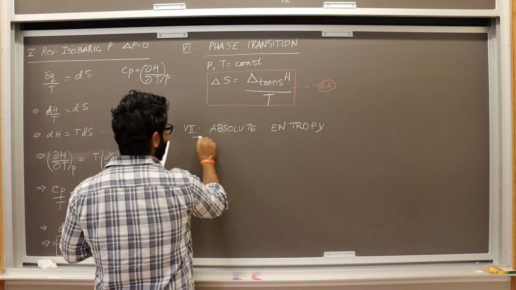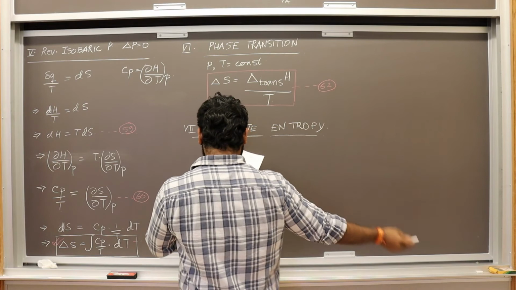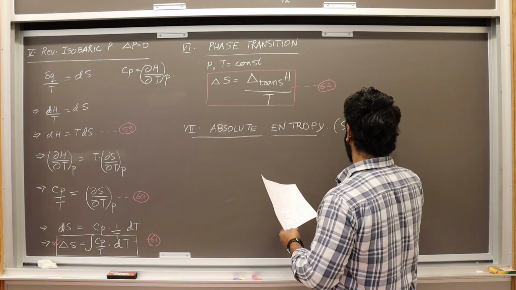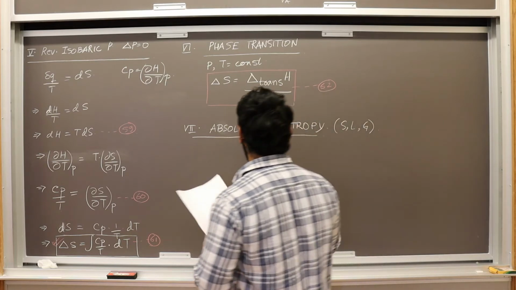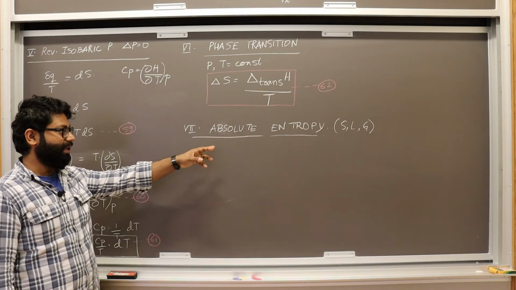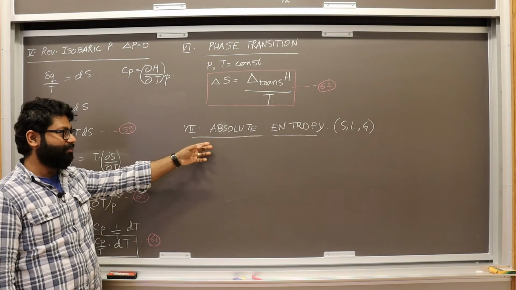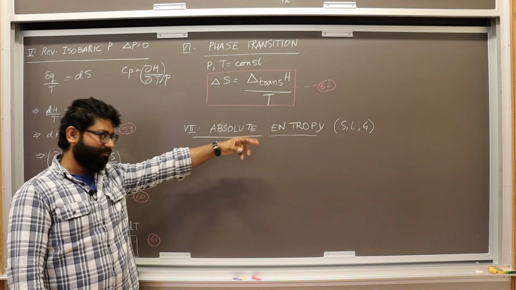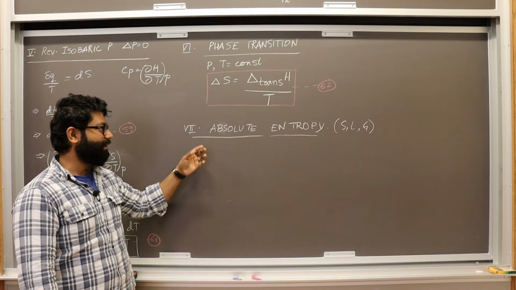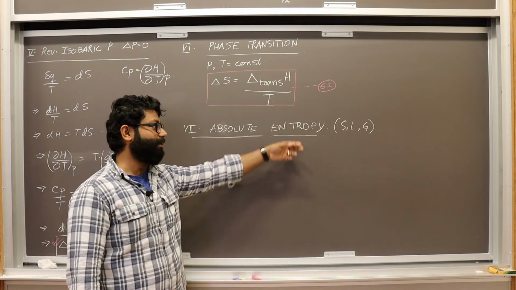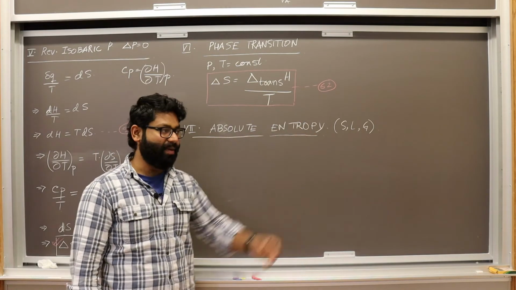Now, this absolute entropy is for solids, liquids, and gases, right? Any kind of material, any kind of phase, any kind of matter will have an entropy, and using the third law, we'll be trying to find out the absolute entropy of those kinds of matter.